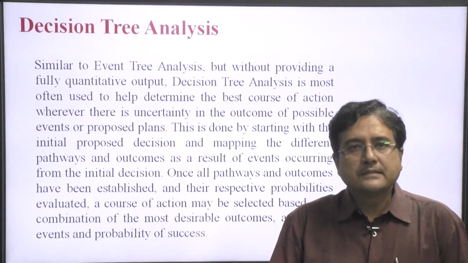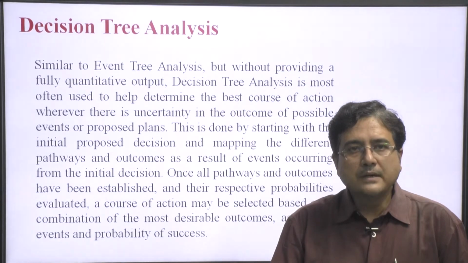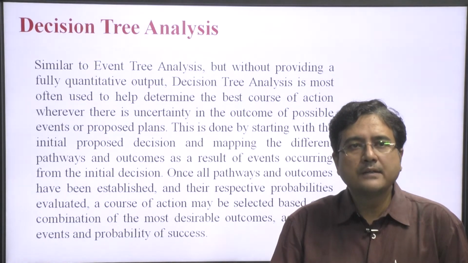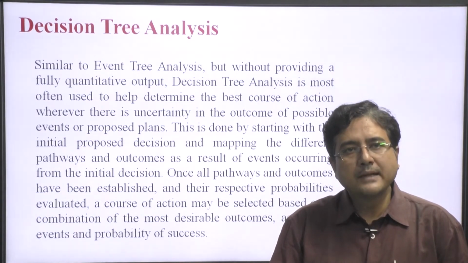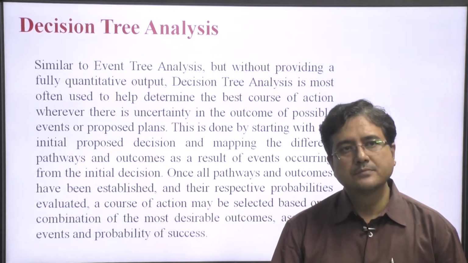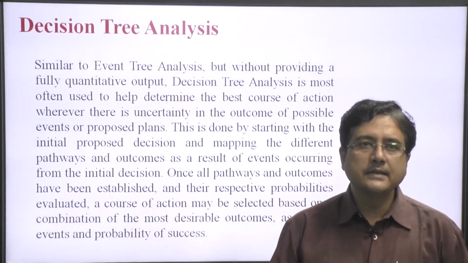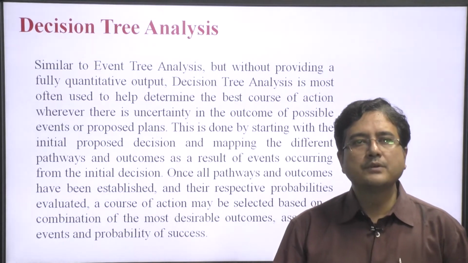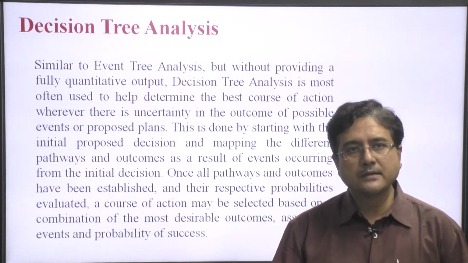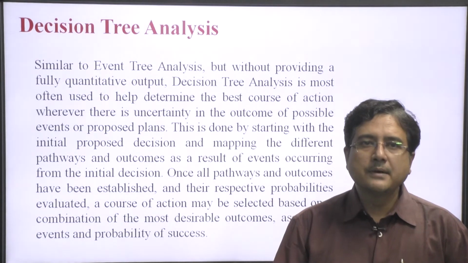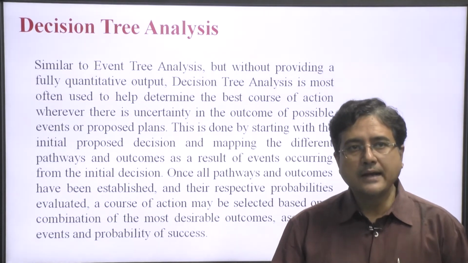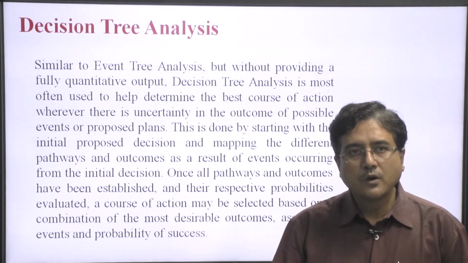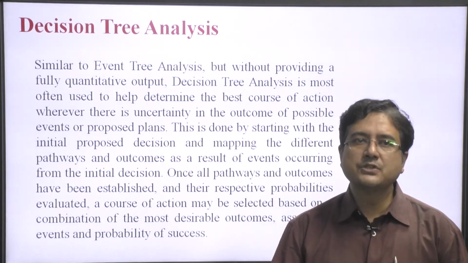Similar to the event tree analysis, but without providing a fully qualitative output, decision tree analysis is most often used to help determine the best course of action where there is uncertainty in the outcome of a possible event or proposed plan. This is done by starting with the initial proposal decision and mapping the different pathways and outcomes as a result of events occurring from the initial decision.